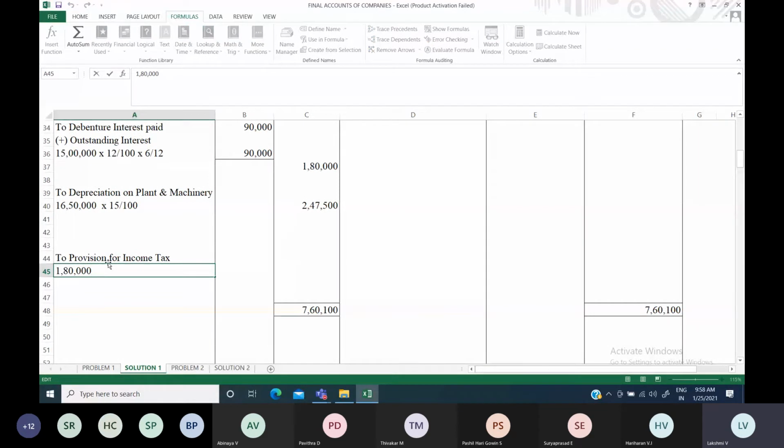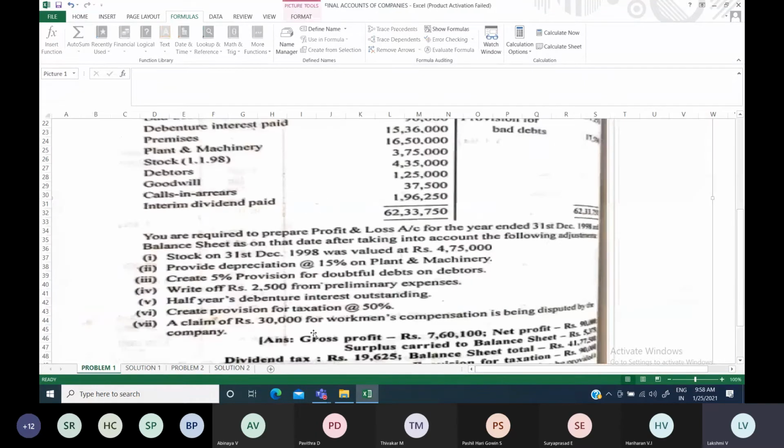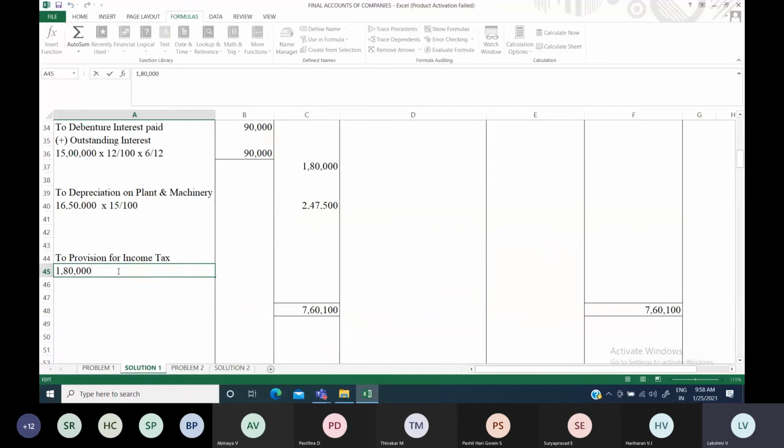So 1,80,000 is what I'm getting, and on this we provide the 50 percentage. 1,80,000 into 50 divided by 100. 50% means half, divided by 2, so 1,80,000 divided by 2 means 90,000.